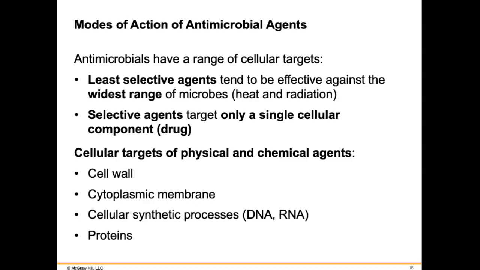More selective agents target only a single cellular component, such as a drug. So drugs are known to be a little bit more selective than things like heat and radiation. Cellular targets of physical and chemical agents include the cell wall, cytoplasmic membrane, cellular synthetic processes, so processes making the DNA or the RNA, as well as proteins.